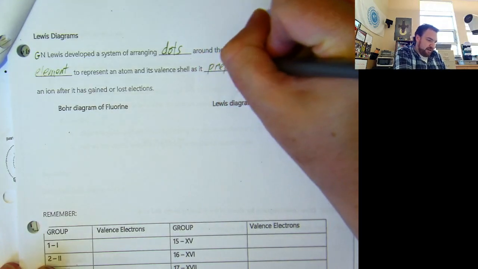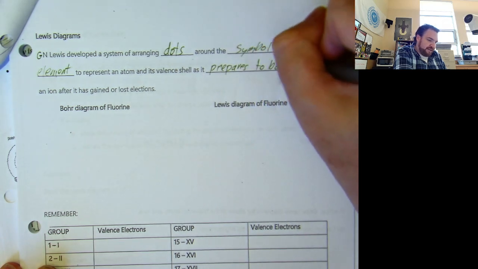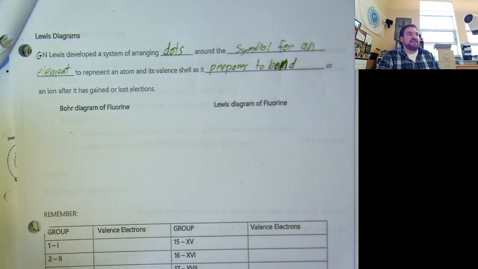He said, well, if the only thing that matters is that outer shell, those are the electrons that are going to move around. Those are the only ones we have to draw. And if I just put the symbol down, it doesn't matter what the protons and neutrons are. You can go look them up.